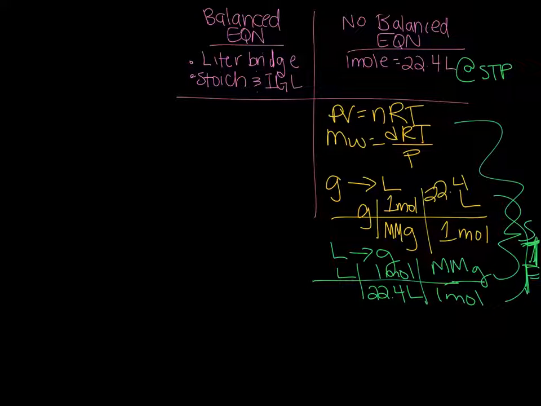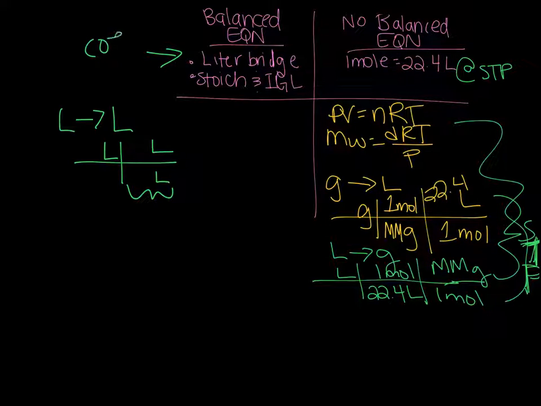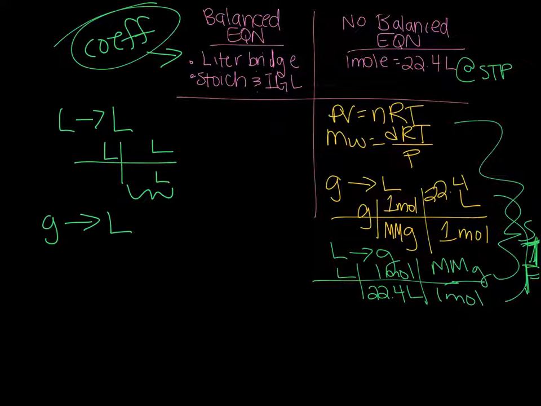All right. For balanced equations, we had a liter to liter calculation. This is where you use the liter bridge. We would start with the amount they gave us, bring that down and to the right and cross the bridge. Remember, this is where you use coefficients. Anytime you see this little bracket in my notes, that's your coefficients. If we had a gram to liter, what do we start with, stoichiometry or ideal gas law?